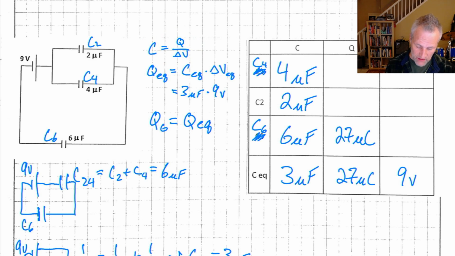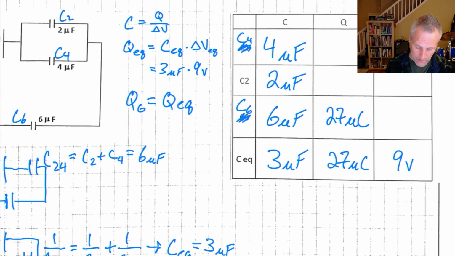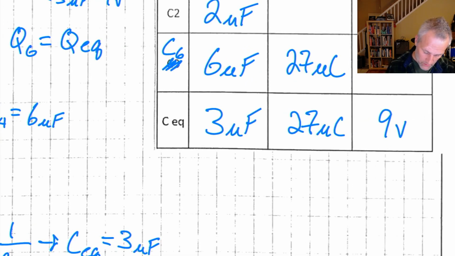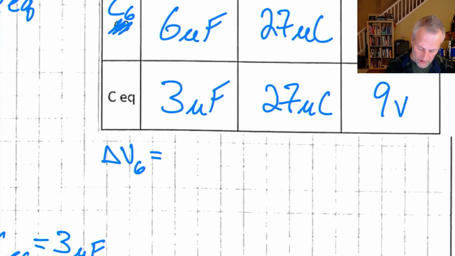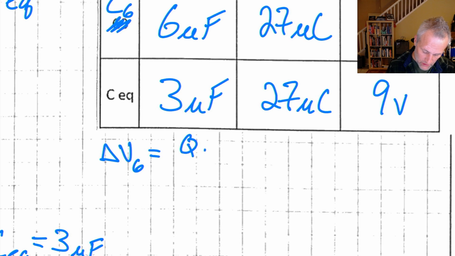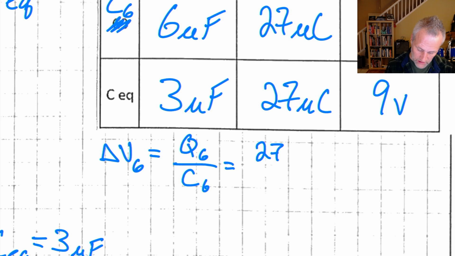So I can say that delta V6 equals Q6 over C6. So Q6 was 27 microcoulombs.